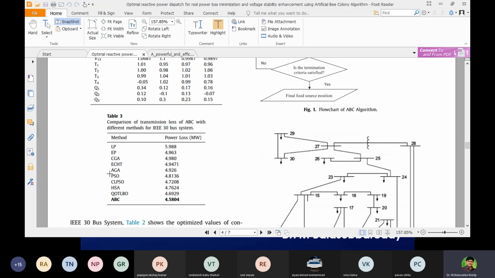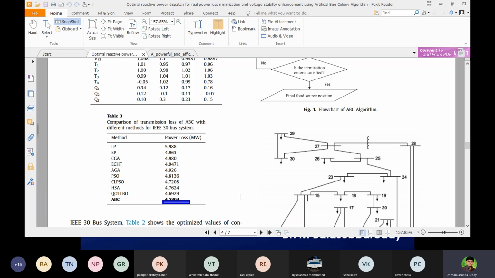If I use PSO, something like 4.81, and harmony search 4.7 and so on. And finally, if I use the ABC algorithm, our proposed algorithm, I got the loss as 4.5804. That means it gives the best solution.